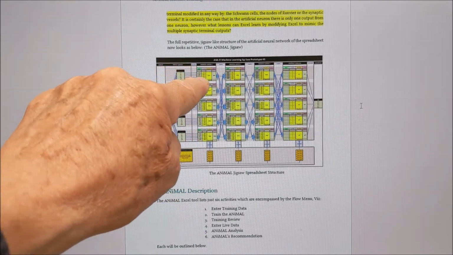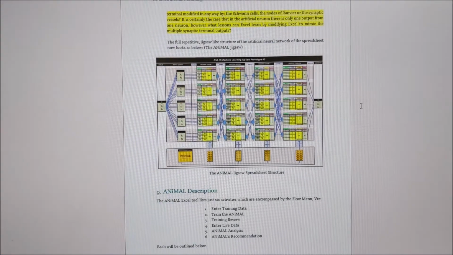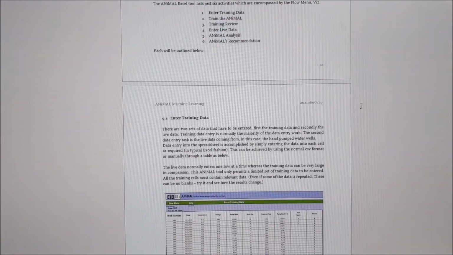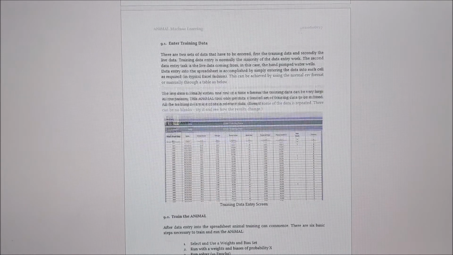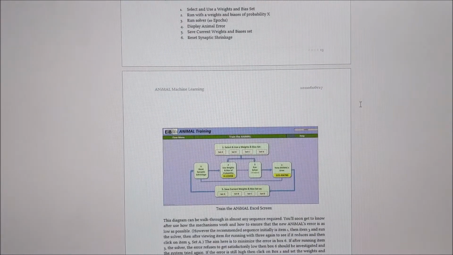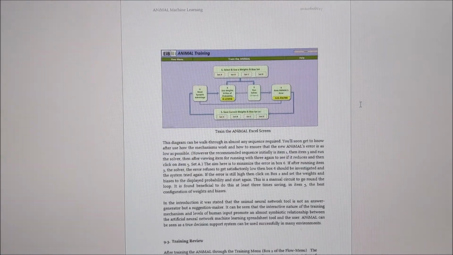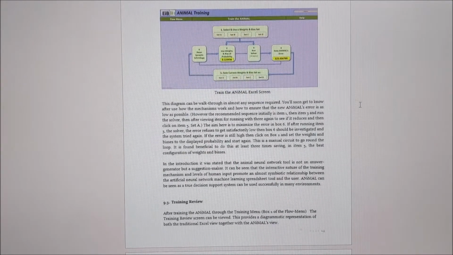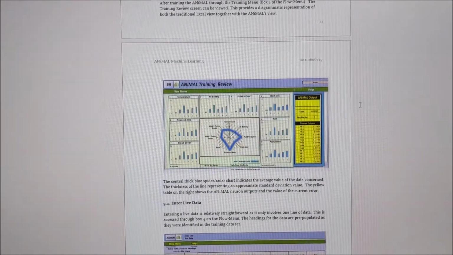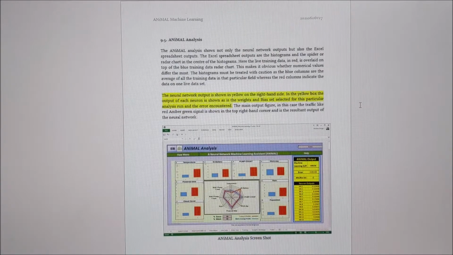Once we've got this basic piece of jigsaw. Right, data entry screen. Yes, and this is what we're learning from the brain itself, but let's not go into that document at the moment.